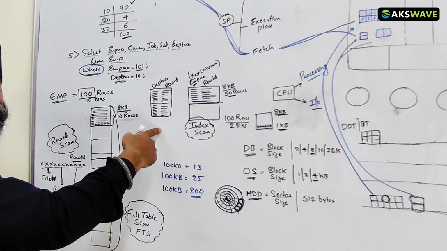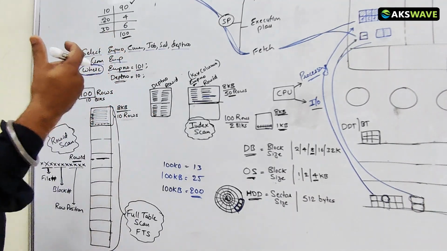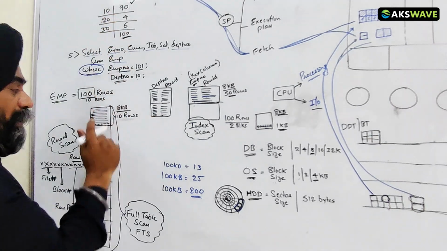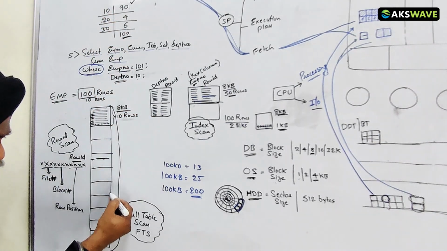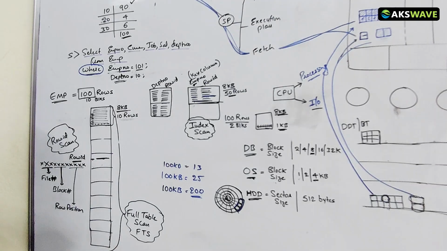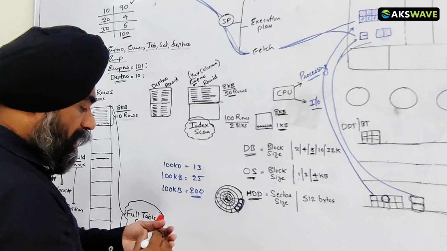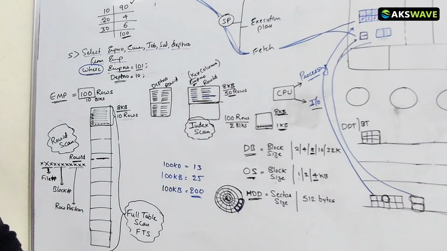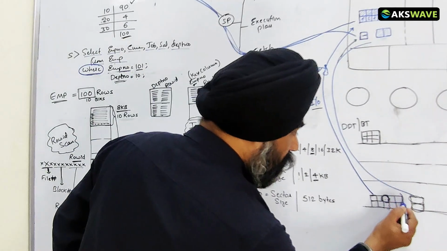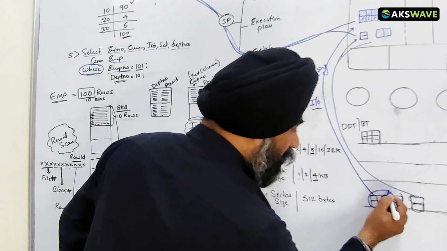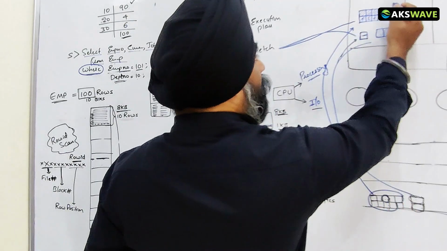Each row has a row ID. 90 rows means how many blocks? Nearly 9 blocks from your table. Got it?